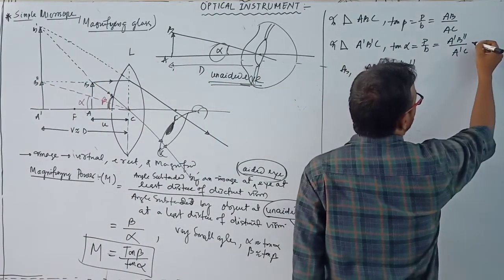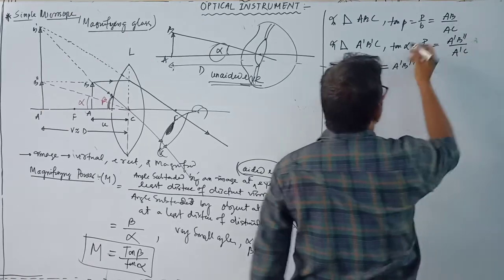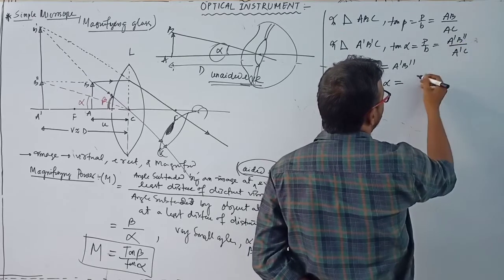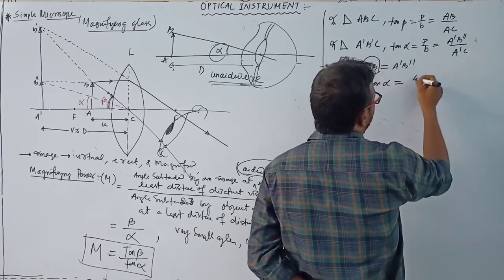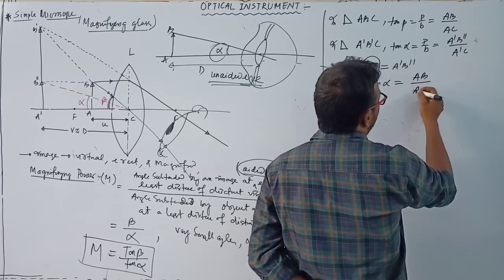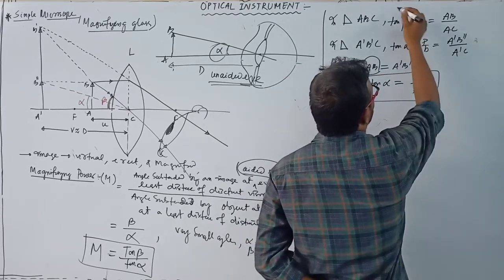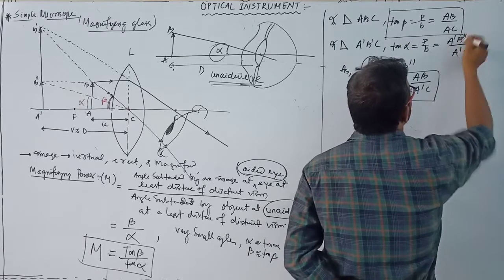Then tan alpha is equal to AB by A dash C. This is the second relation for tan alpha and this is the first relation for tan beta.